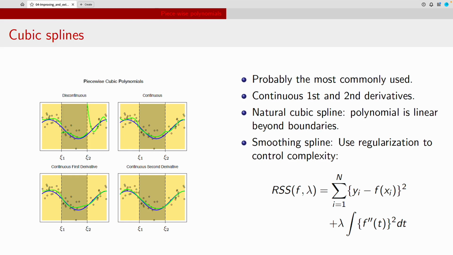So this is the loss function of your smoothing spline. The first term, again, is your residual sum of squares, very obvious, right? Y minus your function of x. But you see that you actually have a second penalty term, right? And what does this penalty term do?